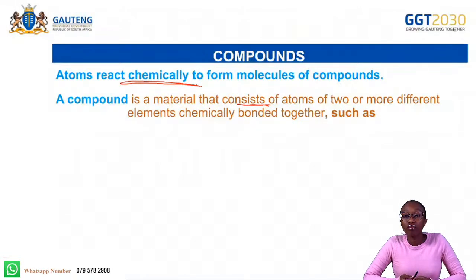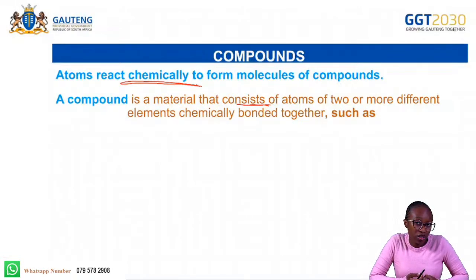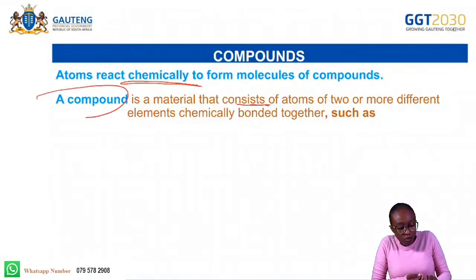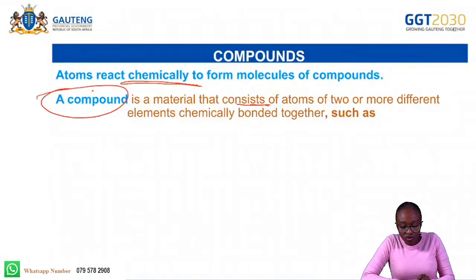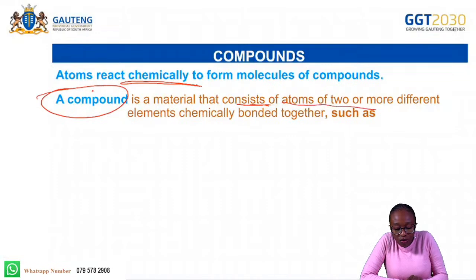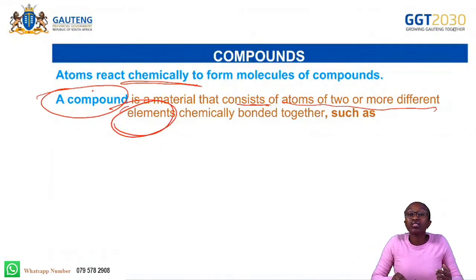Remember we learned about diatomic molecules: this is when we have atoms that belong to the same element being chemically bonded together. Now, with compounds, the material consists of atoms of two or more different elements. So the elements are different.